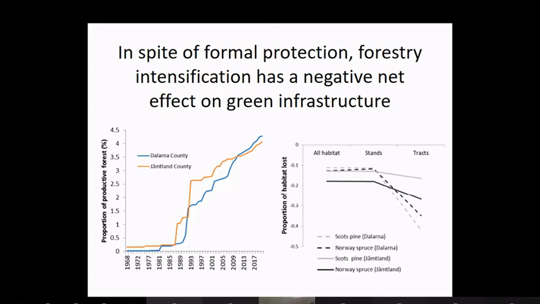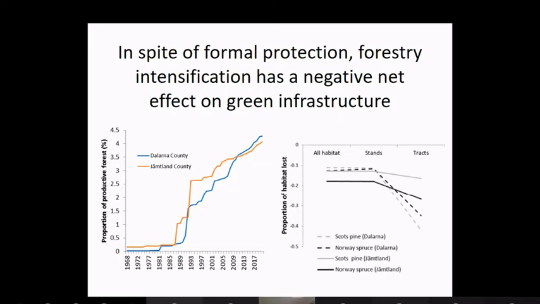But if you look at what happens to the green infrastructure, so this means that in order to form a habitat network for species, you need a particular habitat, you need a particular size of patches of this habitat, so sufficiently large stands, and you need areas where sufficiently good and large stands are concentrated into local landscapes with functional habitat networks.